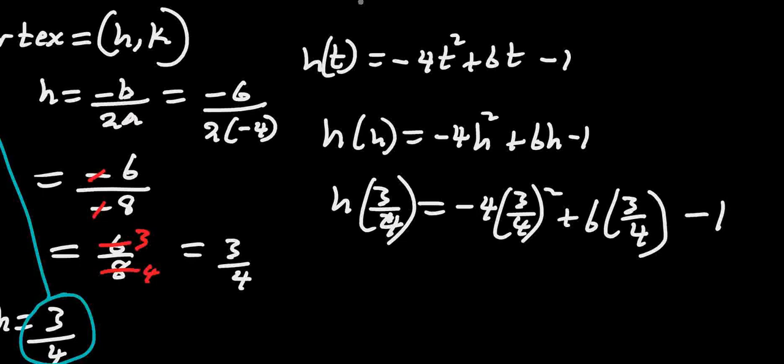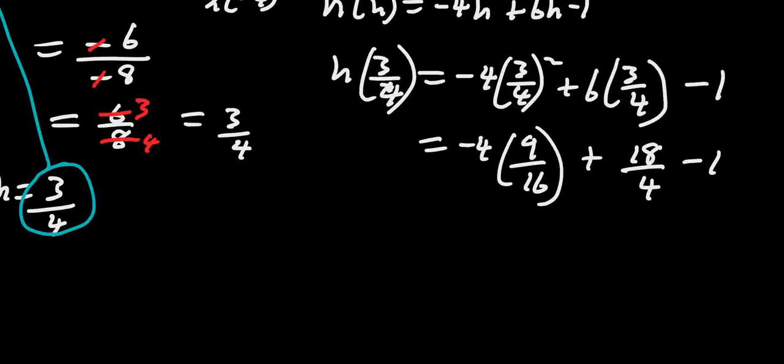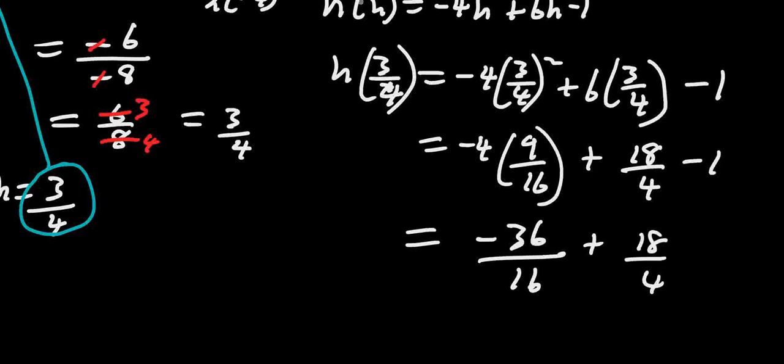So if we square this value, we have -4 times 9 over 16 plus 6 times 3, which is 18 over 4, minus 1. So -4 times 9 is going to give us -36 over 16 plus 18 over 4 minus 1.